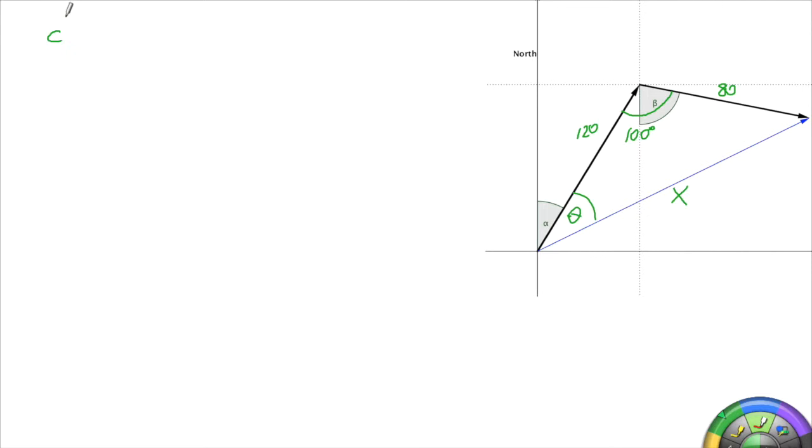So let's set it up as c squared equals a squared plus b squared minus 2ab cosine of big C, where big C is going to be this angle here. Now, it really doesn't matter which ones you call a or b, so I'll just put them in there. Therefore, this is little a, this side is little b, and this side is little c.